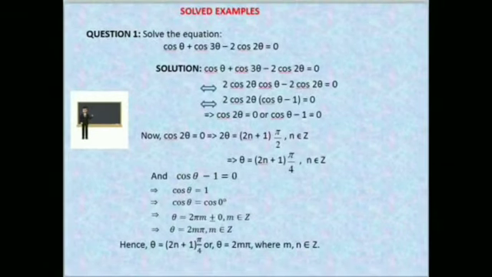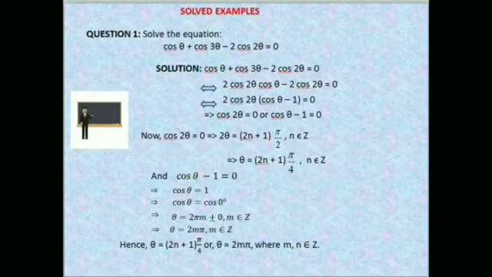Just one example: cos theta plus cos 3 theta minus 2 cos 2 theta is equal to 0. I am just applying the cos c plus cos d formula to cos theta plus cos 3 theta. You just remember this: 2 cos of (c plus d) by 2 into cos of (c minus d) by 2.